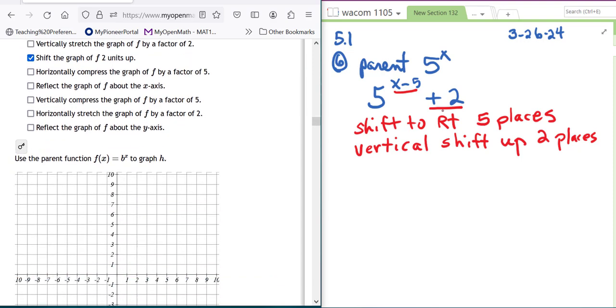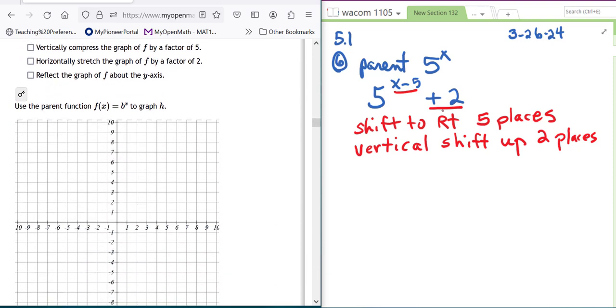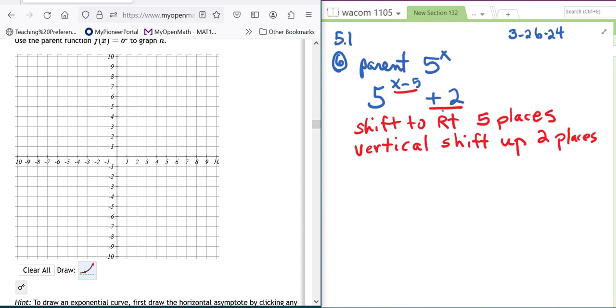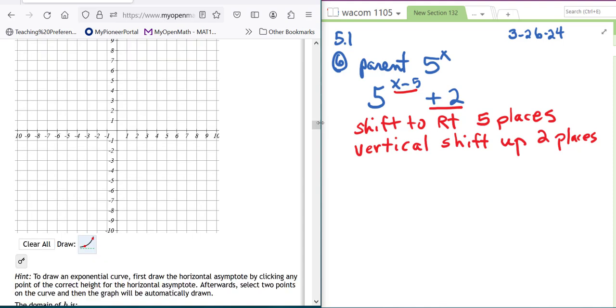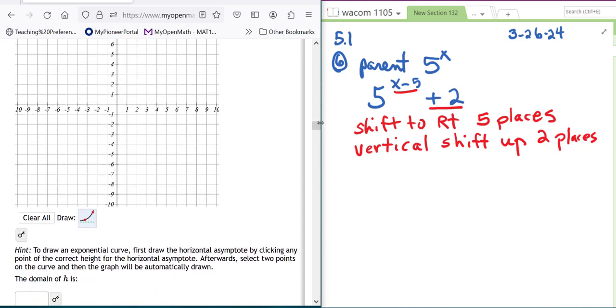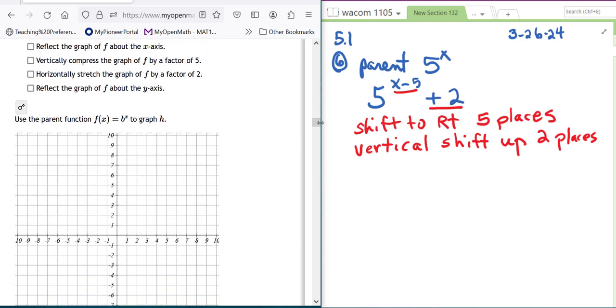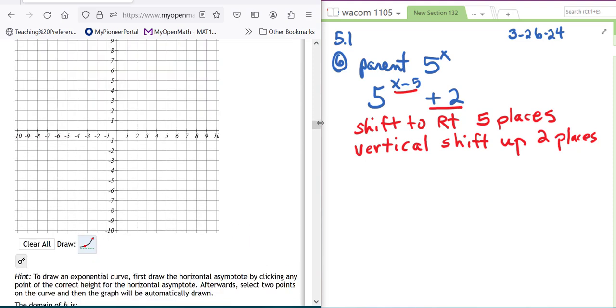All right, that's our first 2. Now we want to graph, and we're going to have to put the asymptote on. Our original asymptote would be 0. Our asymptote is going to go up 2.